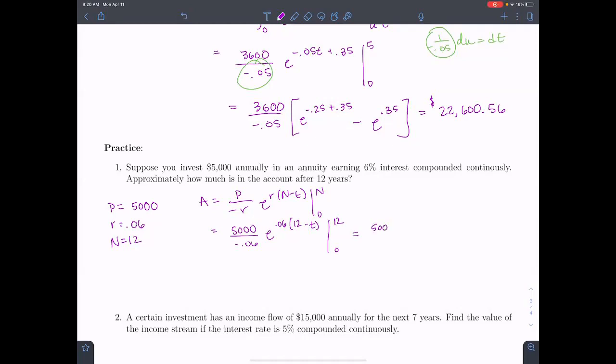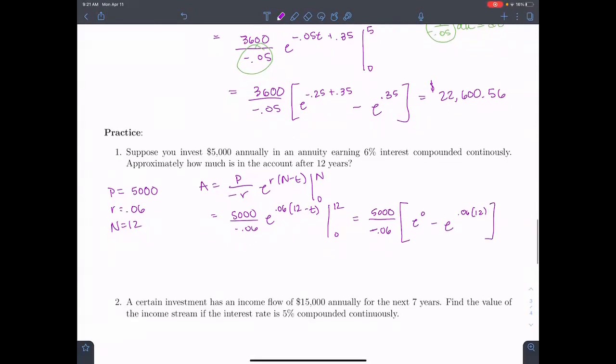So we have 5,000 over negative 0.06, and then this is going to be e to the 0, which is 1, minus e to the 0.06 times 12. This is $125,720.26.